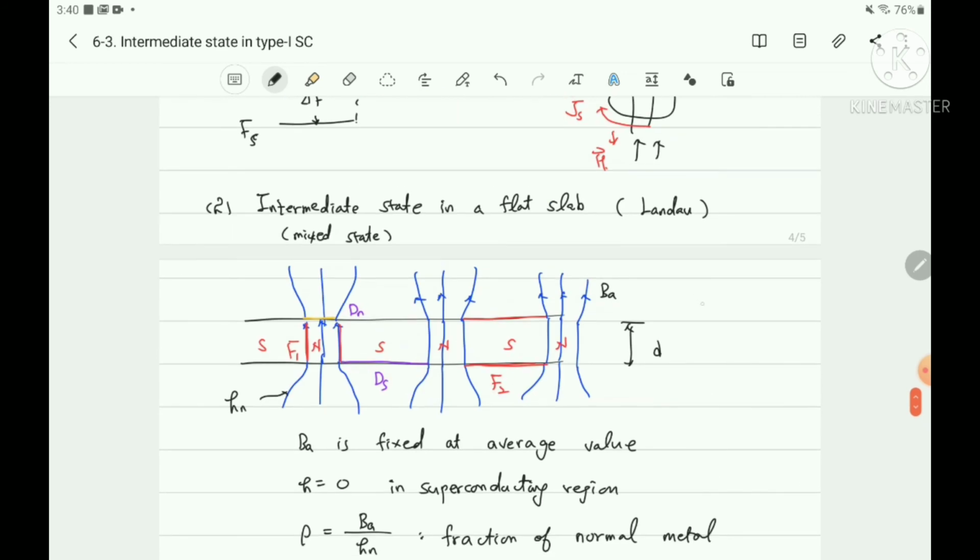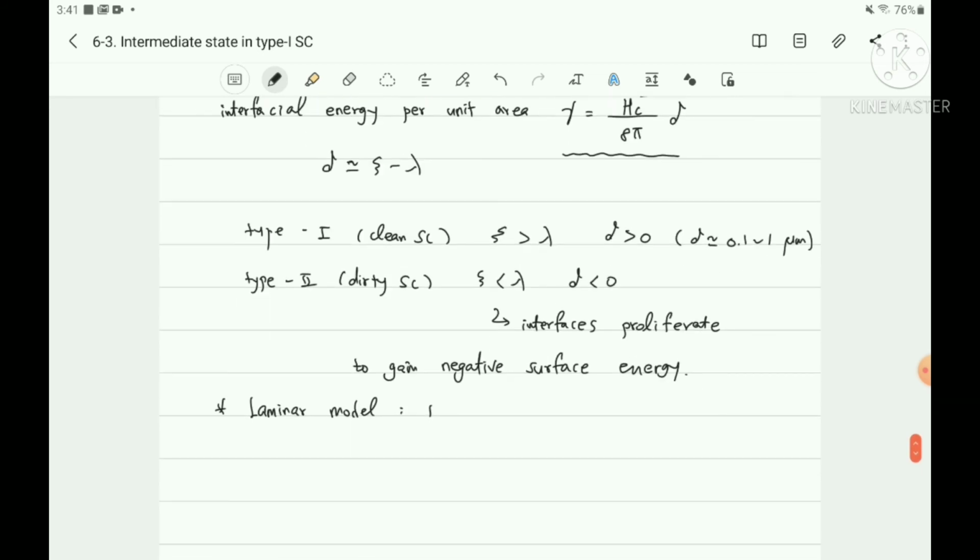It is like this. It is a periodic one-dimensional array of alternating normal and superconducting periodic domains.